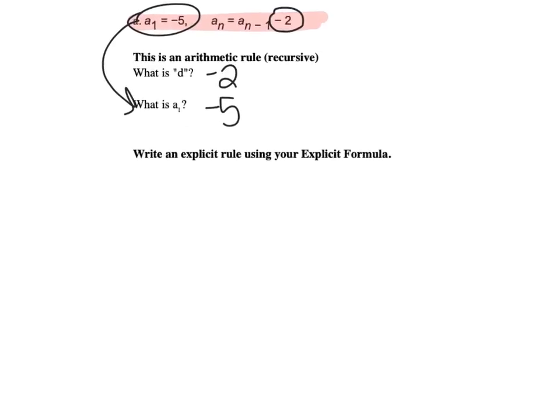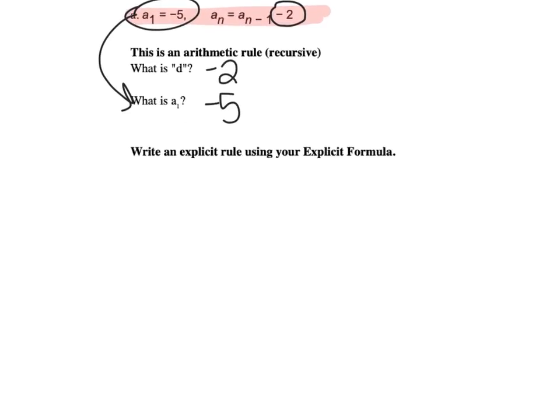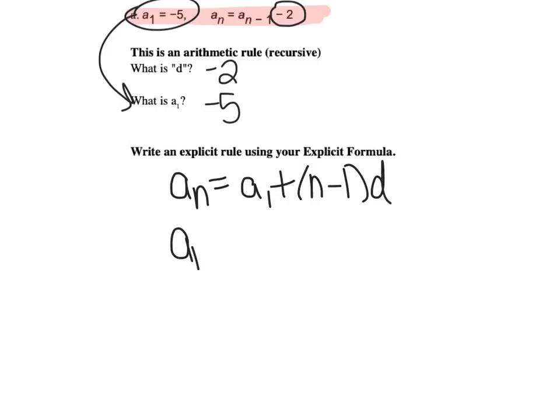So now we need to go back and write that explicit formula. The explicit formula is a sub n equals a sub 1 plus n minus 1 times d. We know what d is and we know what a sub 1 is. Our first term is -5 and our common difference is -2, so those are the numbers we just put in.